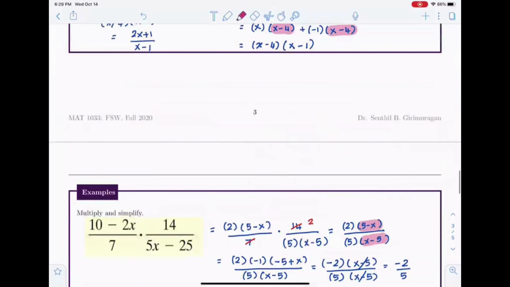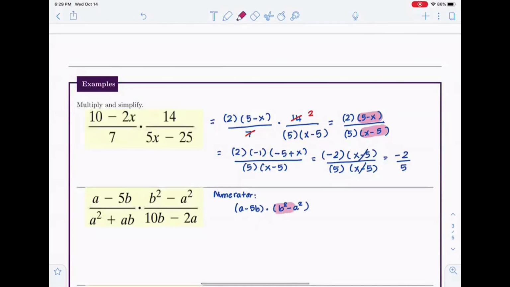Keep in mind that b squared minus a squared is a special product, and we know that that would equal b plus a times b minus a. So I could write the numerator as a minus 5b times b minus a times b plus a.